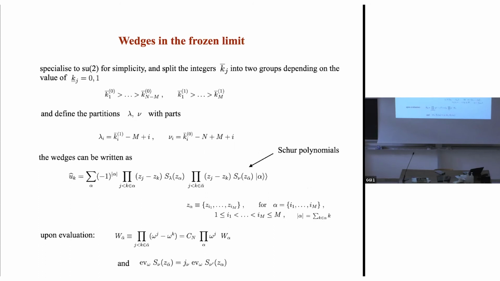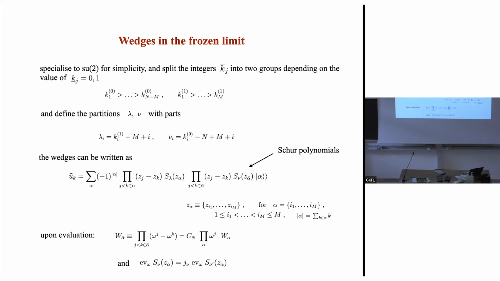So if we use all these properties here, just for simplicity, we'll look at the SU2 case, where there are two types of integers. So these momenta are split into groups, ones which correspond to spin up and the other which correspond to spin down.